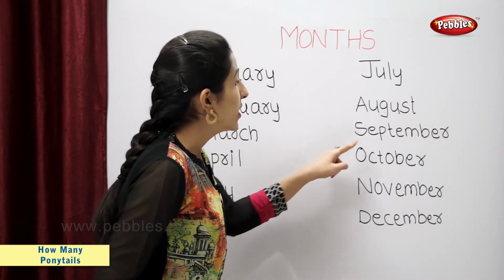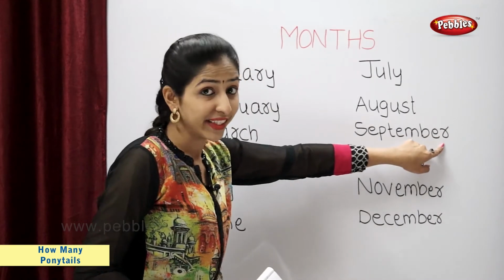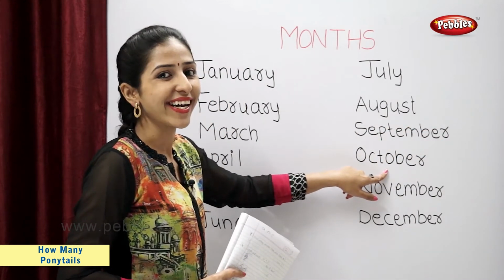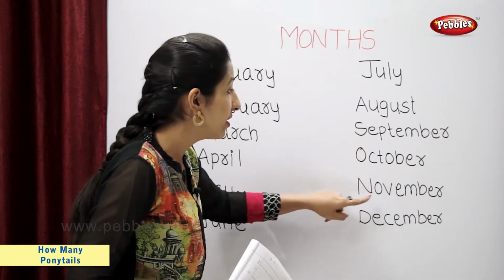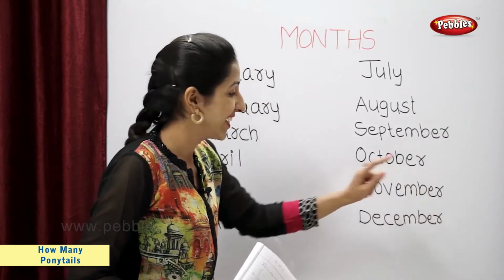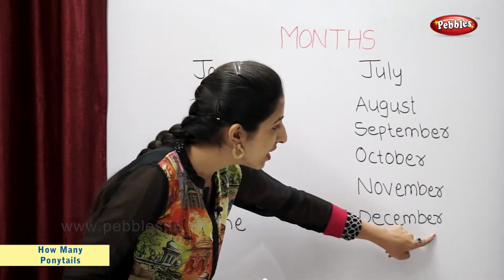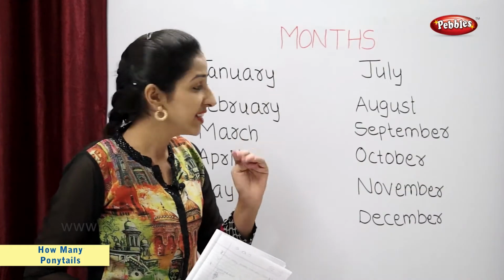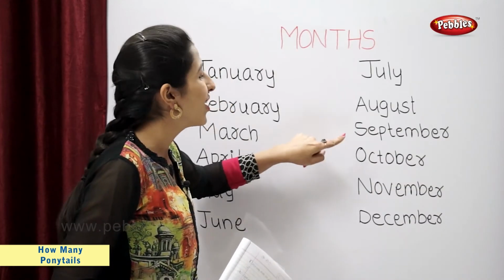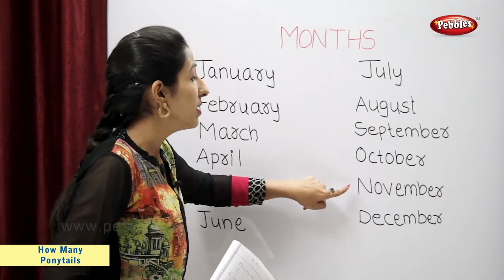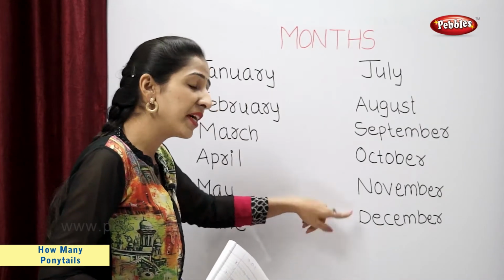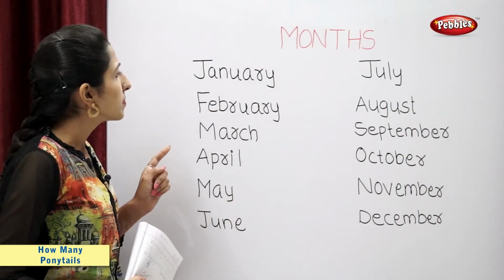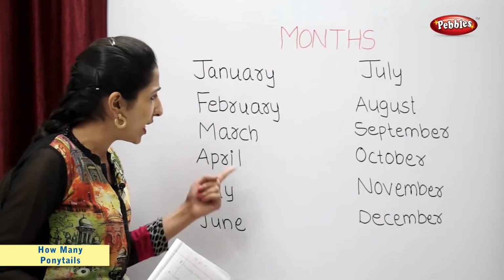Now let's take letter R. So September ends with letter R. October also ends with letter R. November ending with letter R. December also ends with letter R. So there are 4 months: September, October, November and December, ending with letter R. Can you find any more pairs?